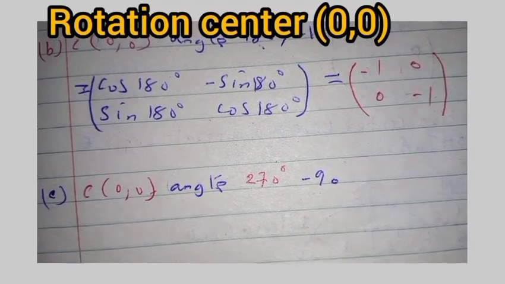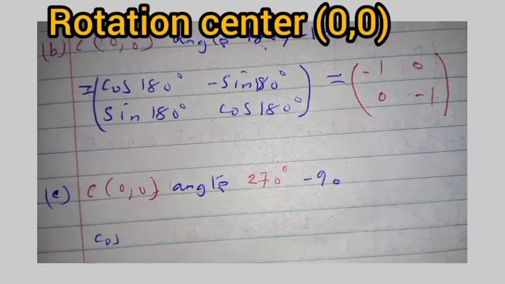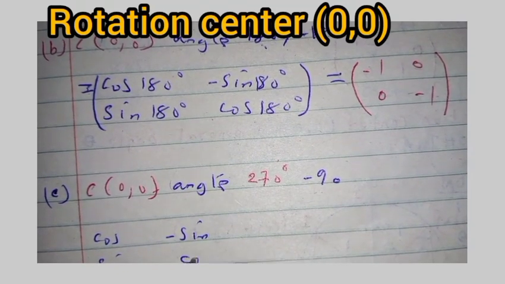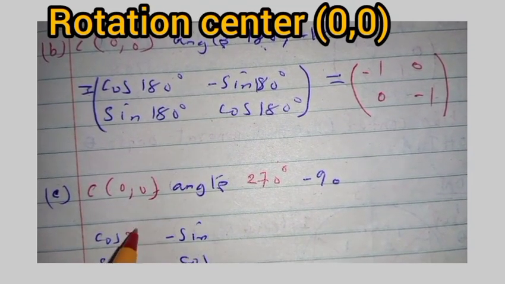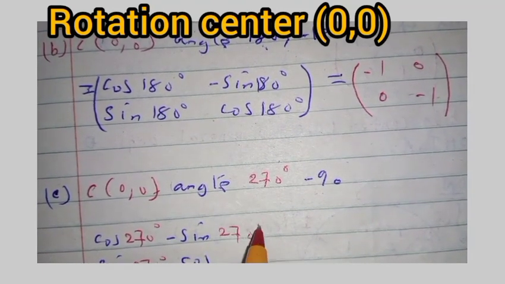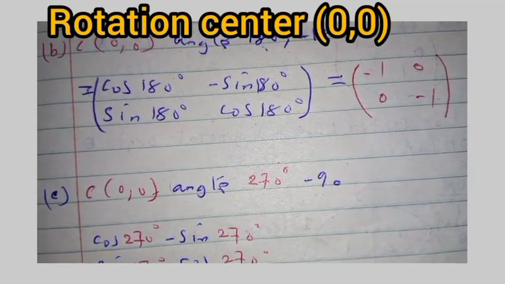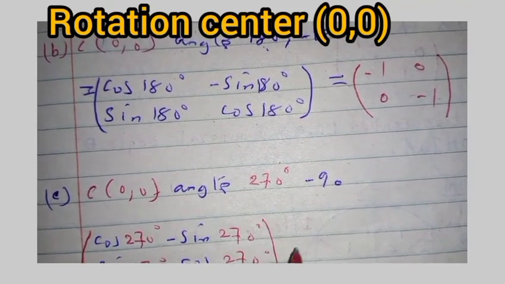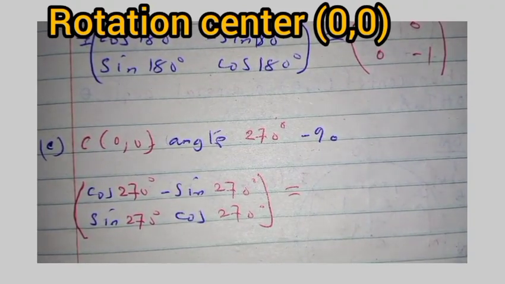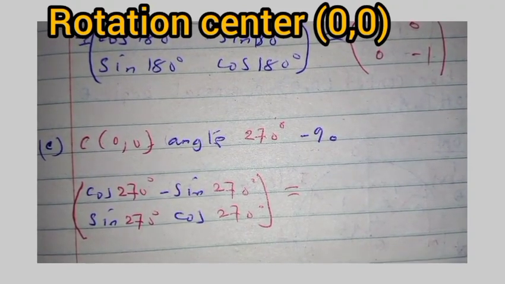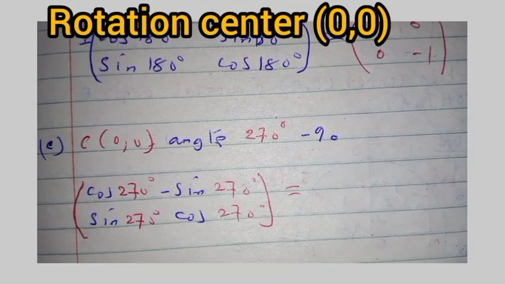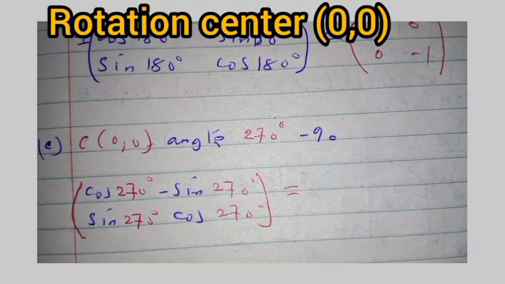So from our general case, cos, sine, negative sine, cos, our angle is 270 degrees. You can use your calculator to find the cos of 270, which is 0, and the sine of 270, which is negative 1.